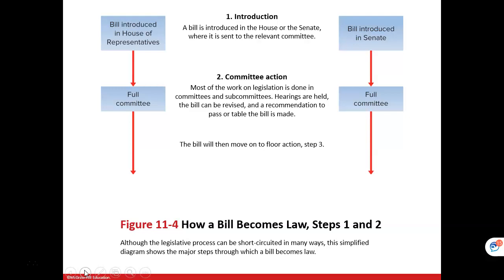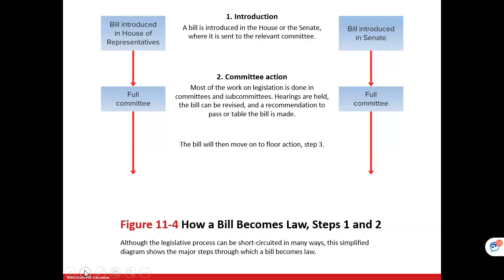If it makes it through that entire process, they have hearings, they have people come in and testify. This is where interest groups show up. This is where you have people from the executive branch come in and testify.